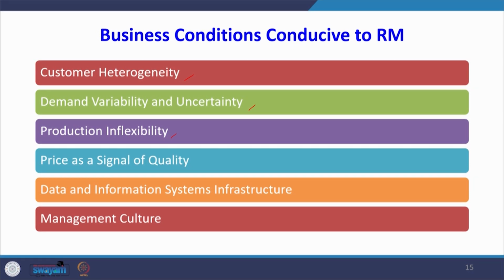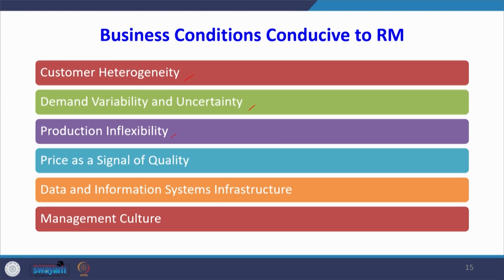People paying more price expect higher services, so there should be a direct connection between price and the sign of quality. It is not necessarily true that higher price means higher quality, but here the customers have the perception that higher price means they will be getting a high quality service. That is another requirement for revenue management.